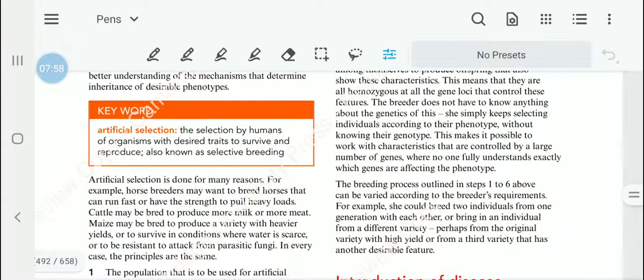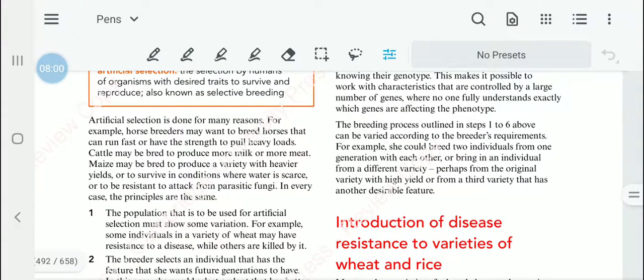For example, to breed horses that can run fast or have higher strength to pull heavy loads, cattle to produce more milk or more meat, maize to produce heavier yields or to be resistant to attack from parasitic fungi, etc.